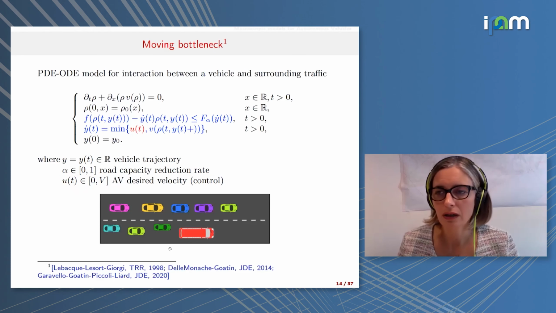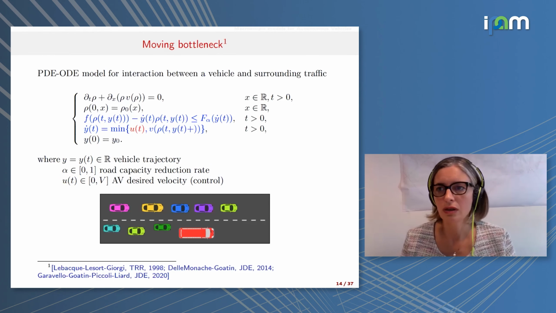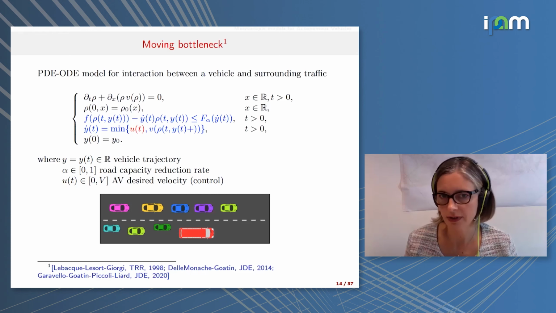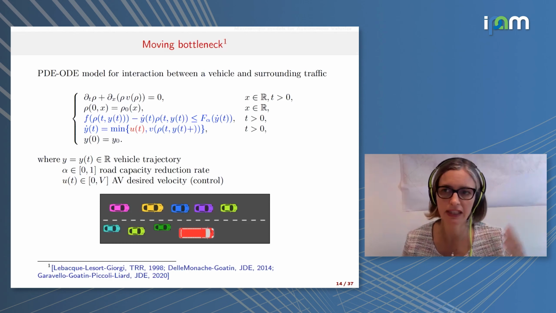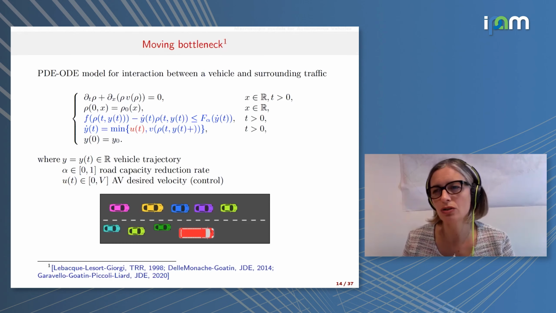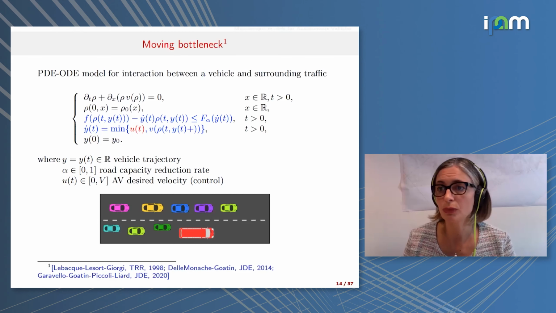So let's focus on one single vehicle in the traffic. The leading idea is that we want to use this vehicle to somehow impact the traffic flow. So we want to control the speed at which this vehicle moves in order to modify the traffic around it.